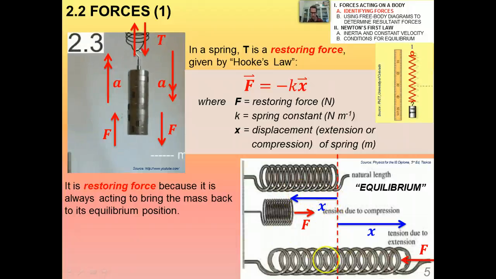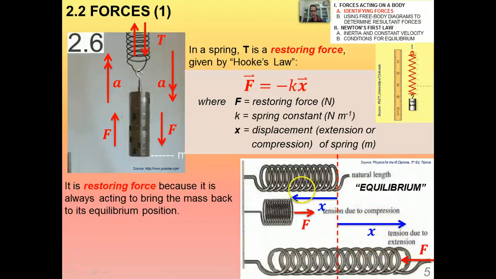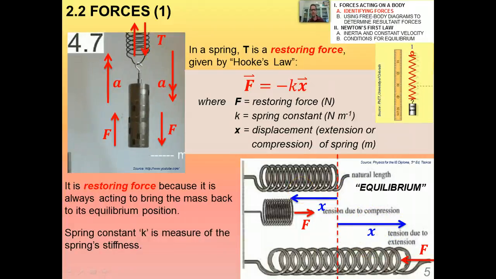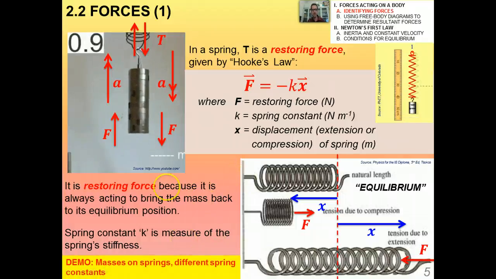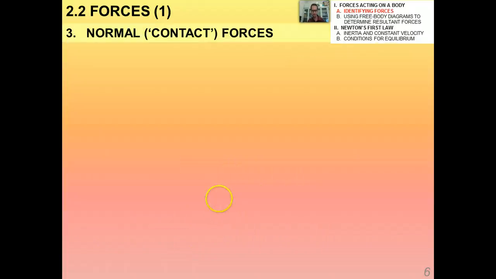There's your negative sign. When you stretch it, the restoring force is acting in this direction, seeking to bring this end back to its equilibrium position, which is in the opposite direction from its displacement in this case. Okay? So we'll study more about springs, and we'll talk more about springs later. The spring constant k is simply a measure of the spring's stiffness, all right? And then we'll do some demos on this in class.